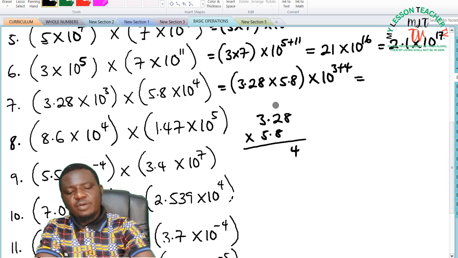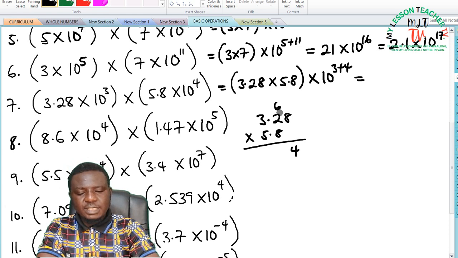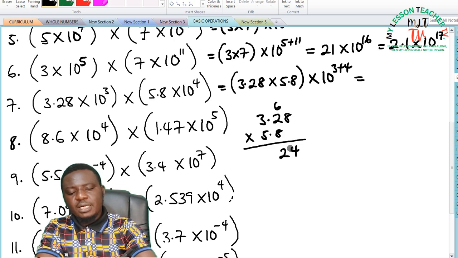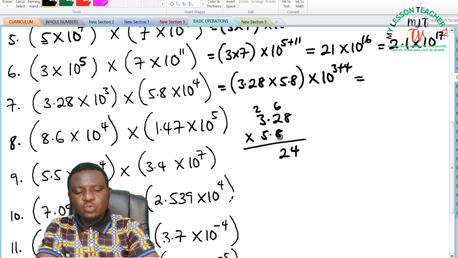You write down 4, carry 6. 8 times 2 is 16. 16 plus 6 is 22. You write down 2 and carry 2. 8 times 3 is 24. 24 plus 2 is 26.